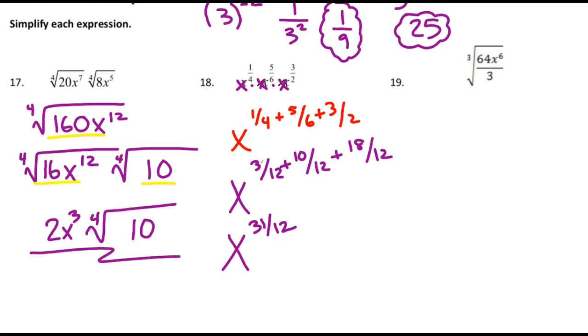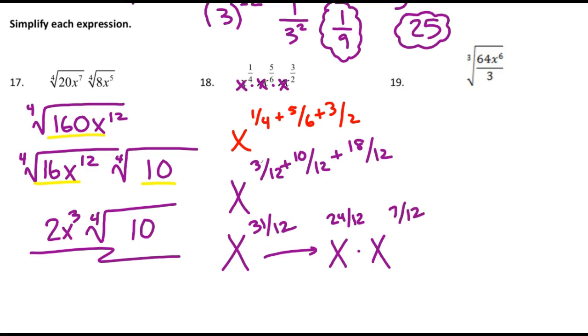And that is how many leftover 12ths if I divide it out? It's like 24, and then there's 7 left over, right? So you can also rewrite this as x to the 24/12 times x to the 7/12.